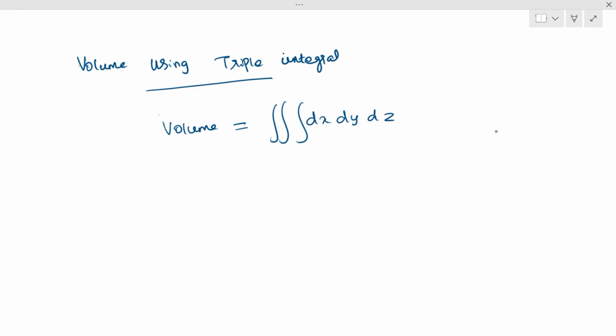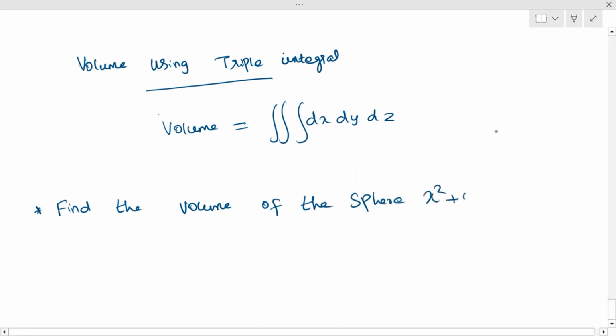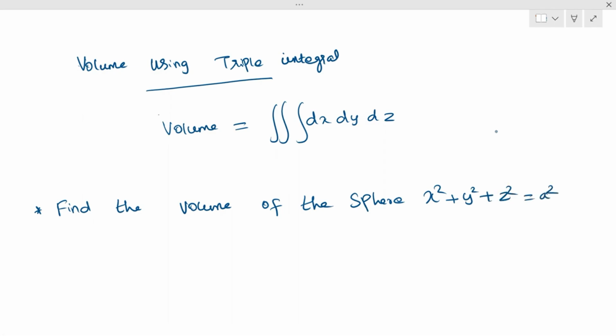So now we do one problem by using the triple integration to find the volume. Find the volume of the sphere x square plus y square plus z square equal to a square using the triple integral.